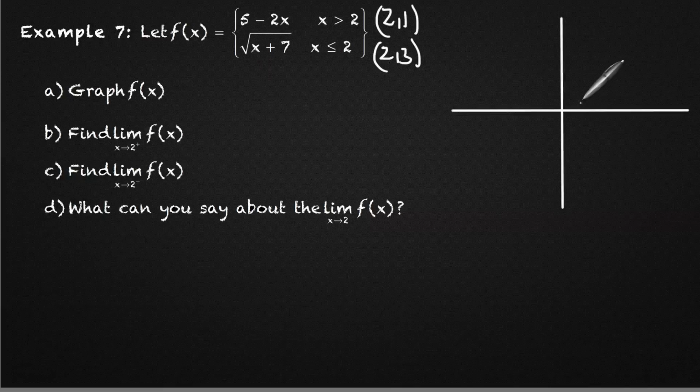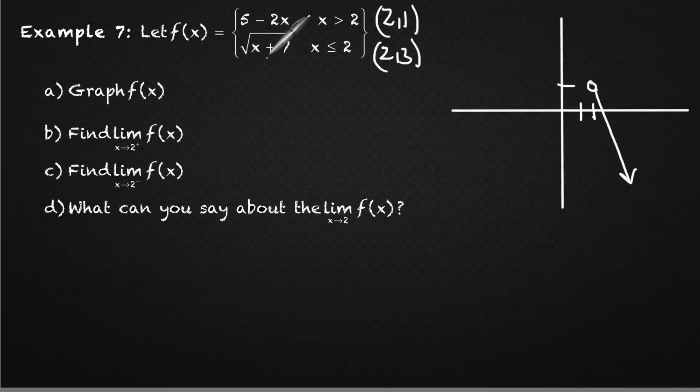So 2, 1, and we're going to put an open circle. And now let's see what this function looks like. It's a linear function with a negative slope, and it is only valid for when x is greater than 2. So x is greater than 2 is going to be all of this to the right, and negative slope means it's going to be going down. So there's our linear function going down with a negative slope, x is greater than 2.